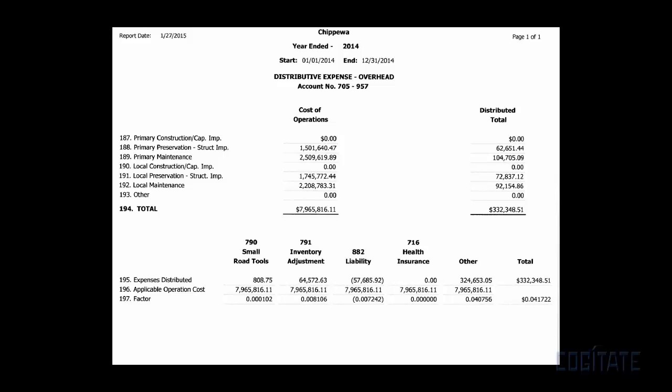Here is an example of page 10 of the Act 51 report titled Distributive Expense Overhead. As you can see on line 197, the total percent, though it says a dollar sign here, is 4.1722. We will use that as our example when processing the cost of roads spread.